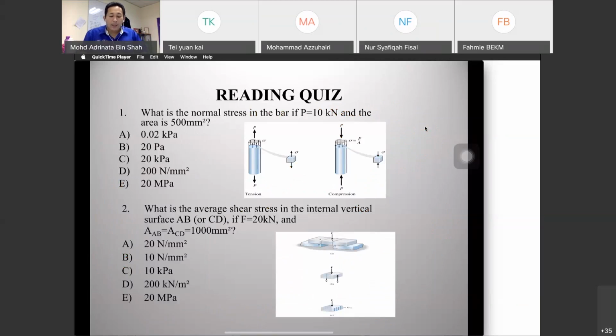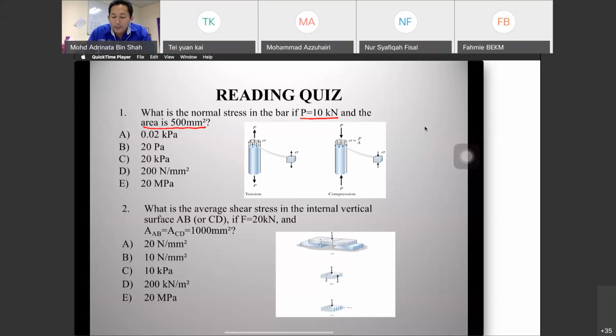So let's calculate some questions. What is the normal stress if the force P is 10 kilonewton and the area is 500 millimeter square?